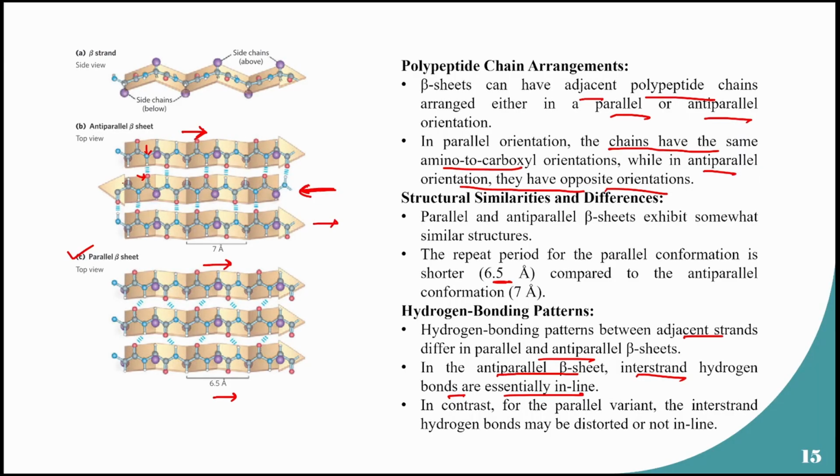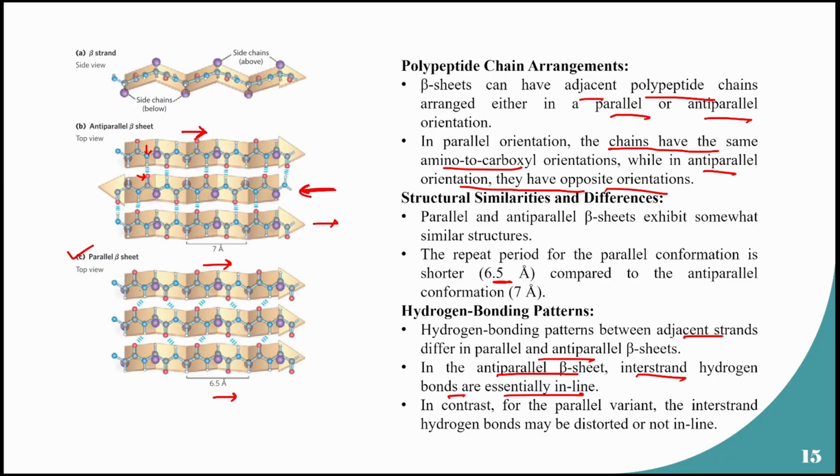You will see that the positioning of the antiparallel sheet is slightly skewed towards a particular direction, let's say left or right. That is what allows the nitrogen and the oxygen atom to come in a straight line, whereas in the parallel beta sheets, we will notice that the similar atoms of the strands are in line with one another.